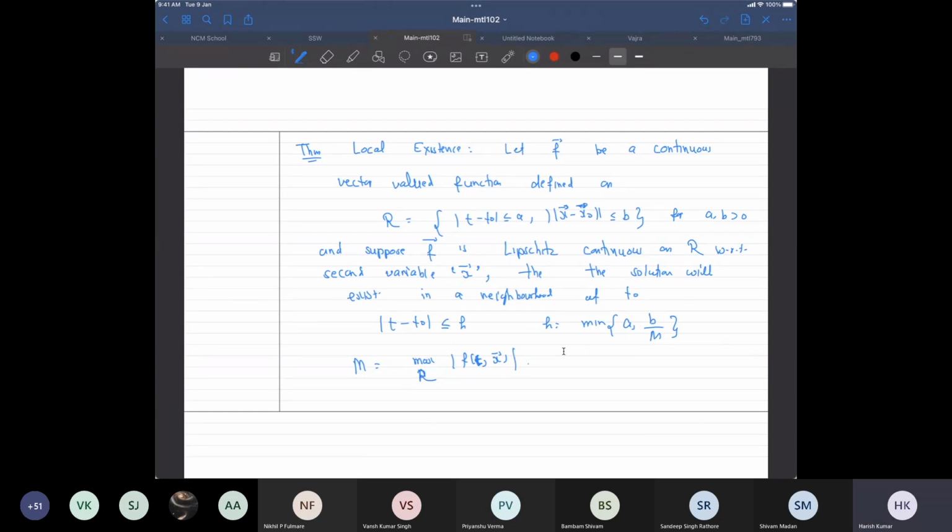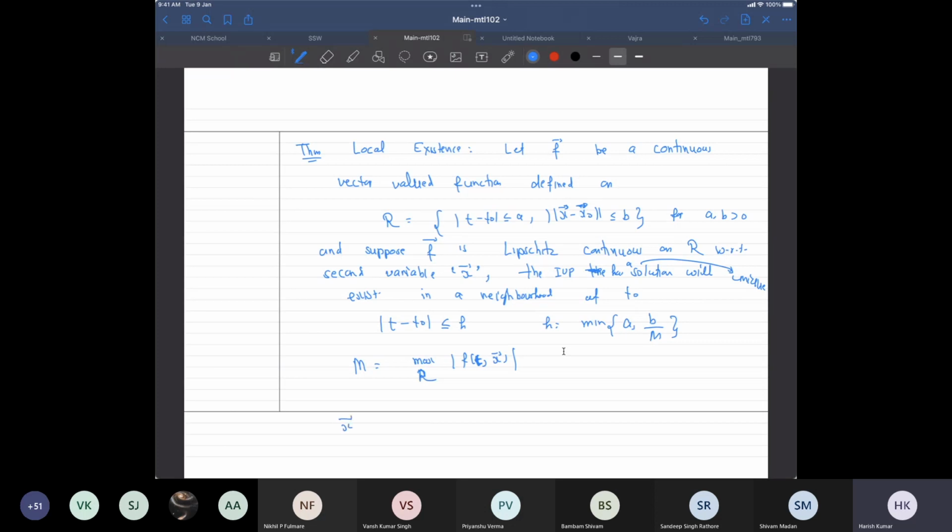And what is the proof? The proof is exactly the same. The only thing is that this time, instead of dealing with the integral equation, we'll deal with the vector integral equation. Then the IVP has a solution, a unique solution basically. And what will be the IVP?